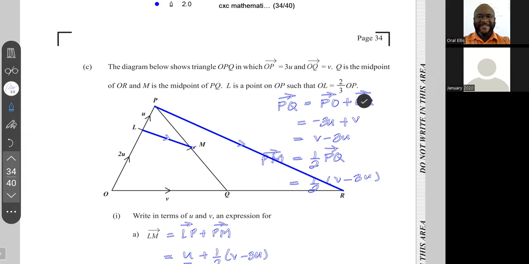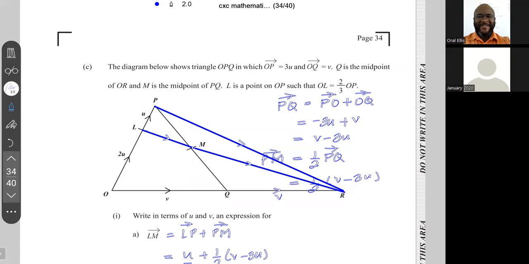Now, we already found LM. Now we need to find LR. So we need the vector MR. So MR, I could say, is equal to MQ plus QR. Now QR is also V. OQ and QR are the same length and it's one straight line.